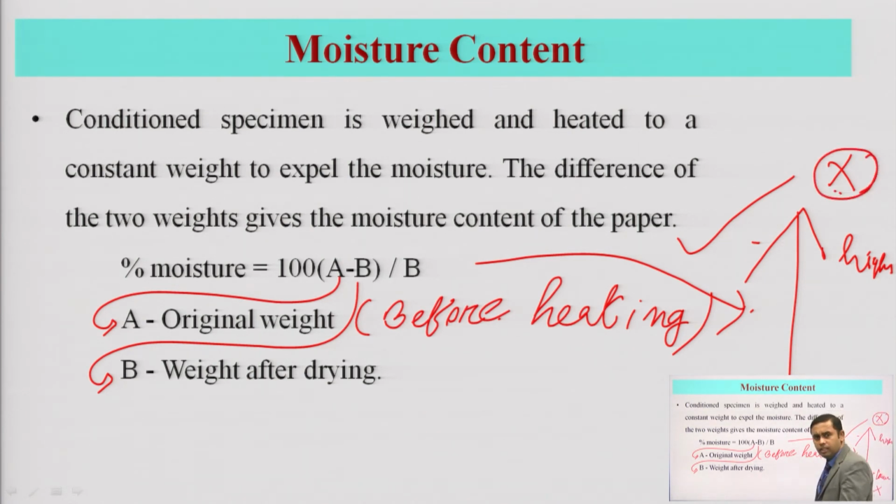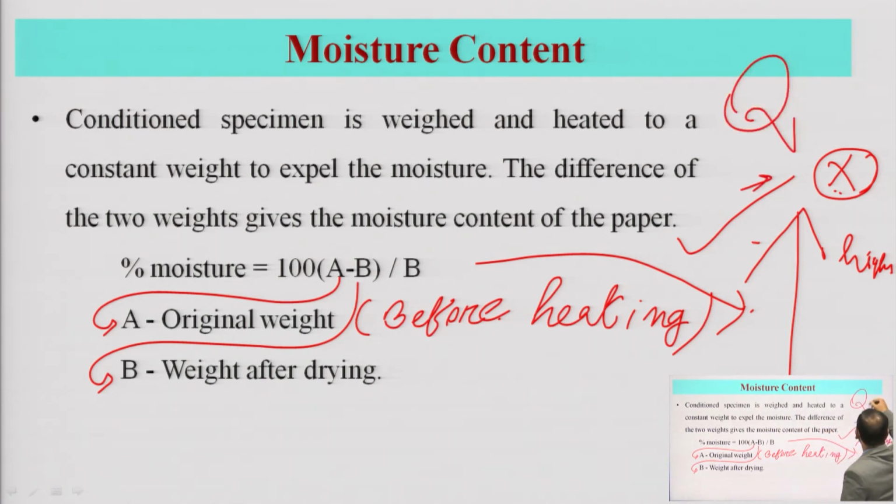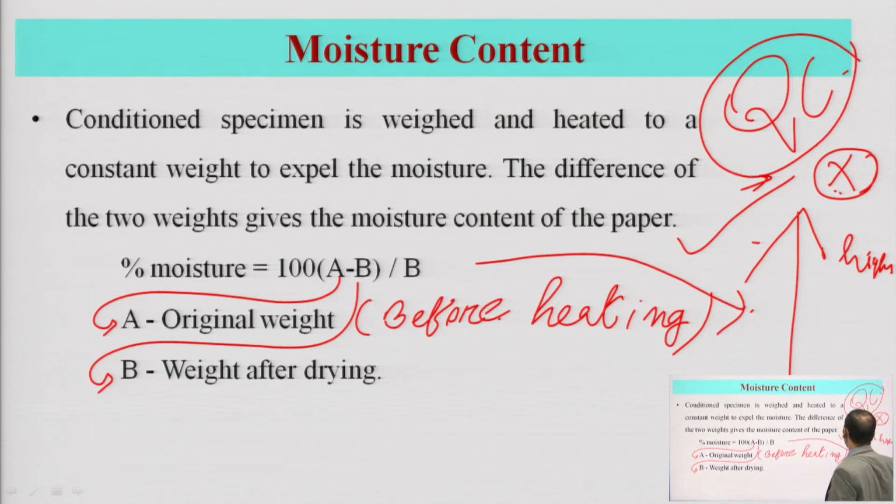If the higher limit is exceeded, then obviously it is not correct. But if the moisture content is very low, then again it might be an issue in many cases. But usually we have seen higher moisture content. Basically, the QC chemists do such tests in their lab, assisted by the QA chemist.